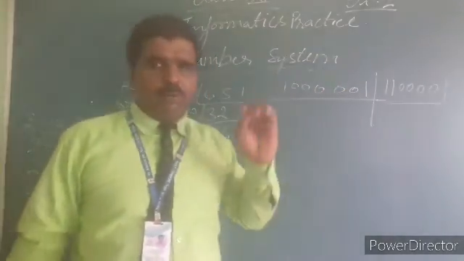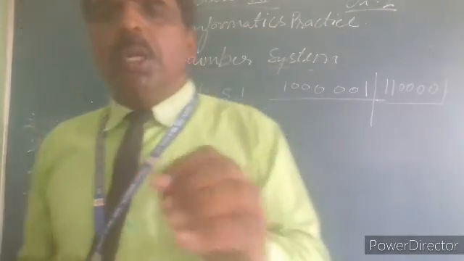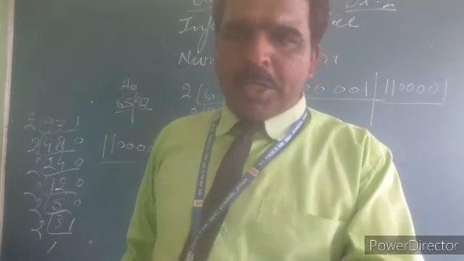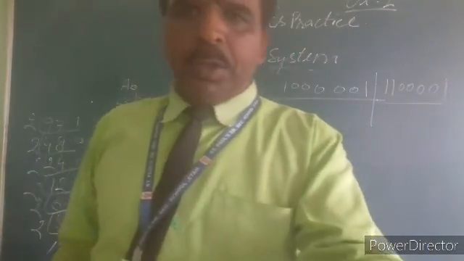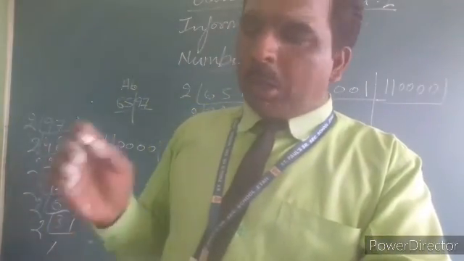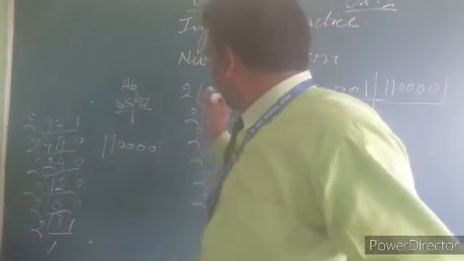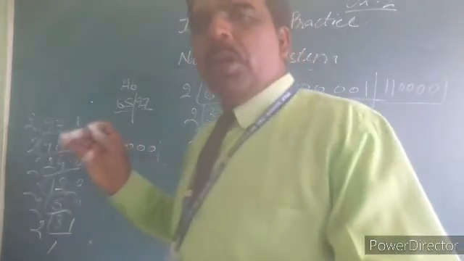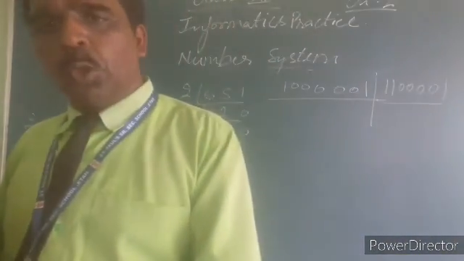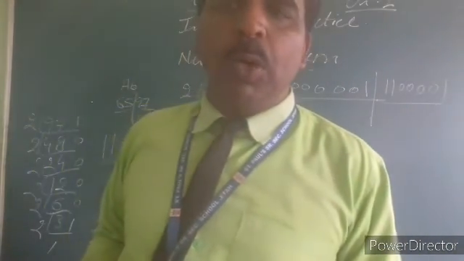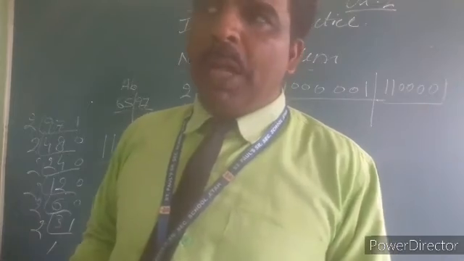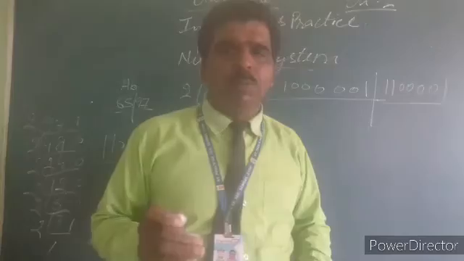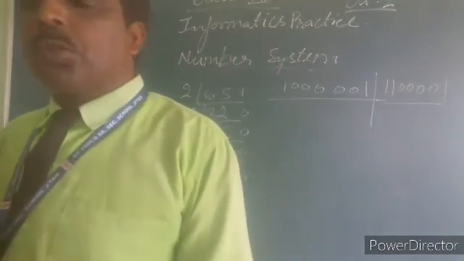For that we have to use the binary additions. Actually the binary addition I will tell you later, but now I want only the number system, through the ASCII codes. I want to tell you that we are able to make the binary number system in this way.